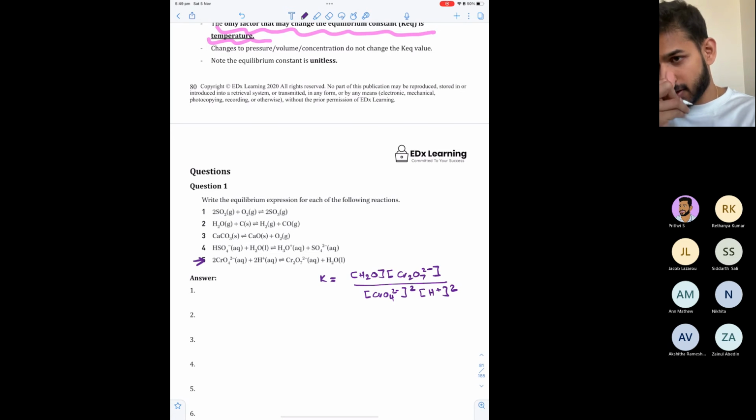Okay. Can you put your hand up if you agree with this answer? Hit the raise hand icon if you agree with the answer.